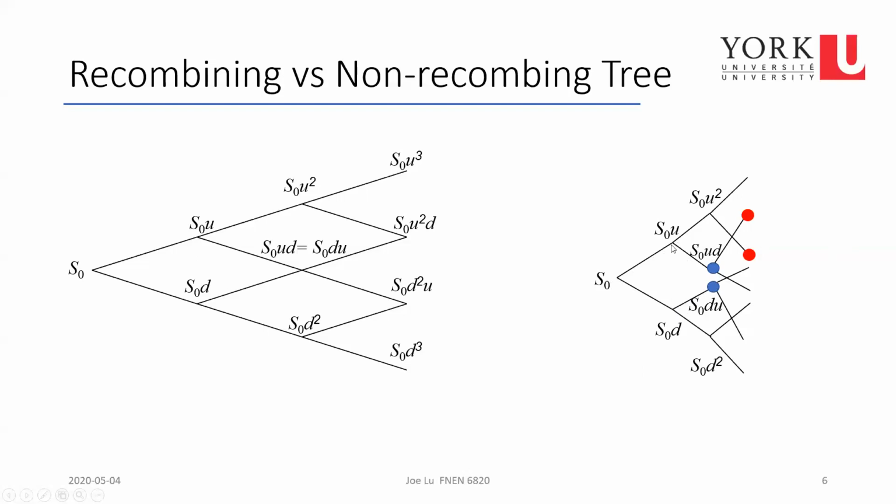Whether the stock has gone up first and then down, or has gone down first and up later, matters. So they don't end up at the same point.